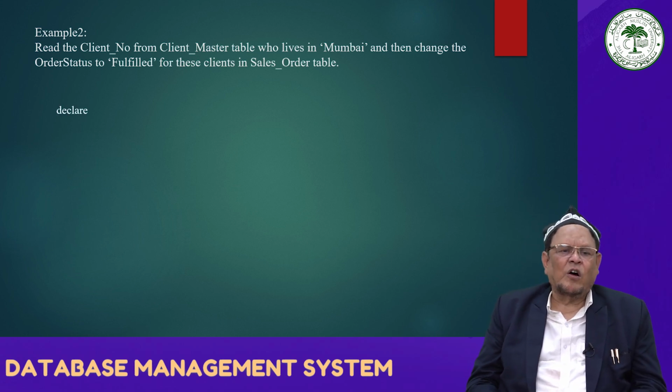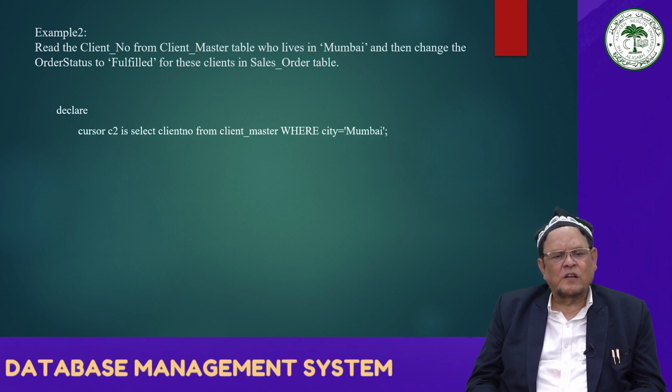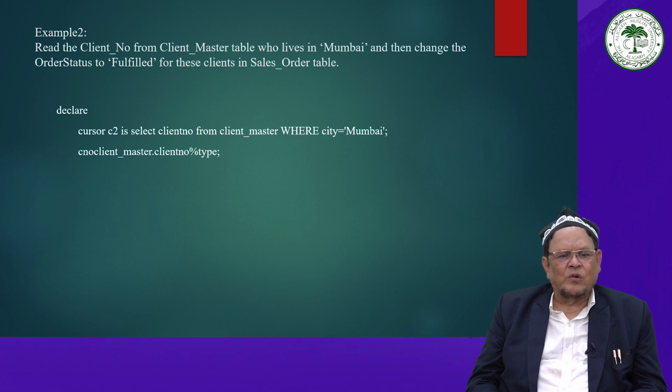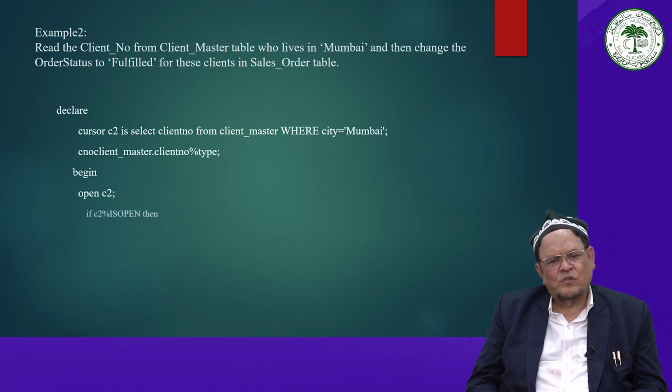For that, how do you write it? First of all, you declare cursor C2 is select client number from the client master where city is equal to Mumbai. CNO client master dot client master person type. Then you have to write begin, then open the C2.